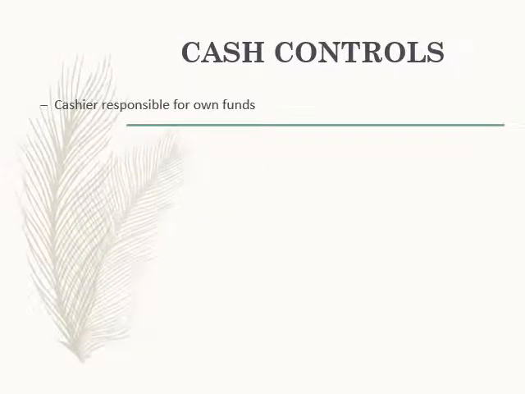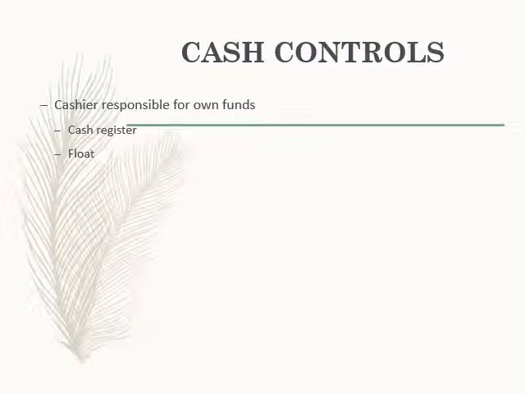Okay, so for cash controls, every cashier should be responsible for their own funds. They maintain control over the cash register. The cash register summaries also need to be appropriately reconciled.